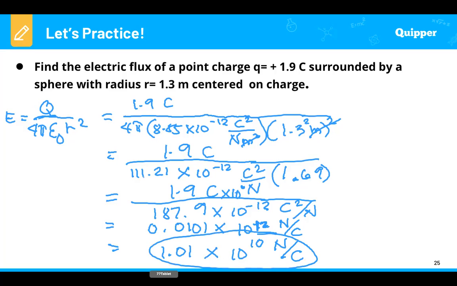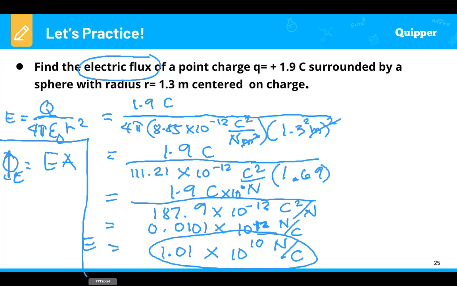Okay, this is for the electric field, but we need to find the electric flux. So dito, since we already found E, we will use the formula for the electric flux. Electric flux is equal to EA, right? Where A is the surface area. Correct?